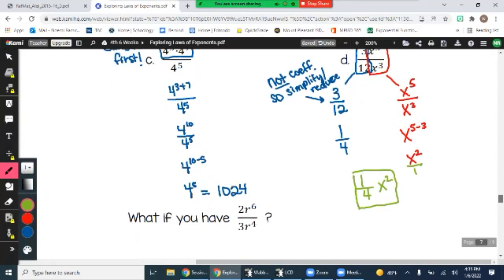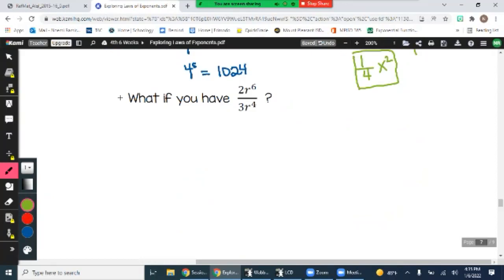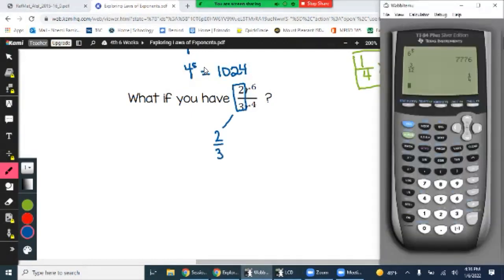Okay. Same thing here. It says, what if you have 2r to the 6 over 3r to the 4th? Okay, now we have that 2 over 3 out in the front. So 2 over 3. I try to type that into my alpha y equals, but nothing happens.